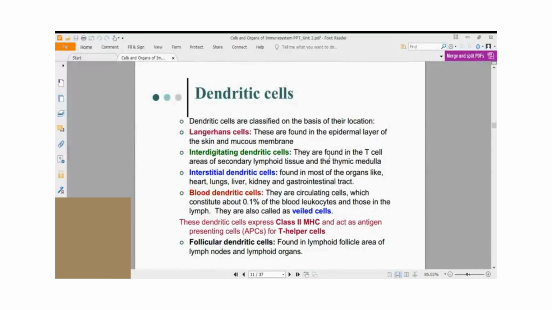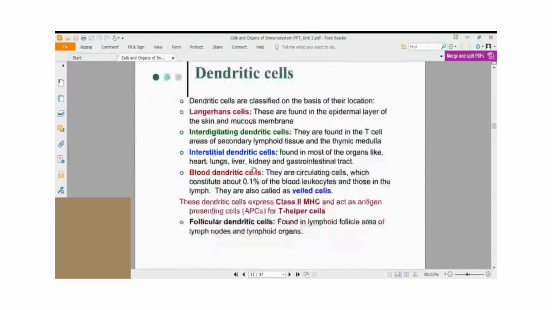They are found in the lymph nodes as well as in the thymus, in the thymic medulla, and they are responsible for presentation of antigens to the T lymphocytes as well as to the B lymphocytes. They are interdigitating dendritic cells. Next come interstitial dendritic cells.